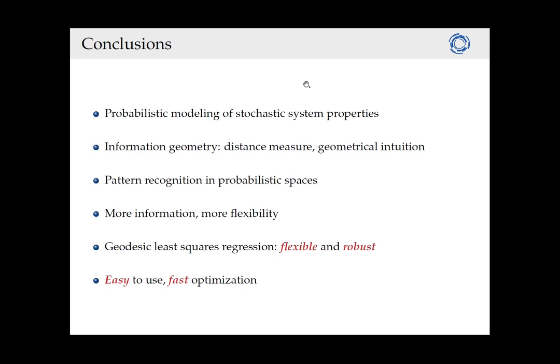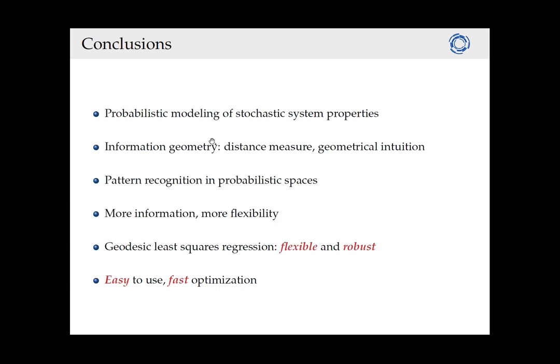So probabilistic modeling of stochastic properties in a complex physical system is of course important, and it is especially important if we're going to do pattern recognition, for instance regression analysis, but also classification or clustering on data sets with a lot of stochastic uncertainty.